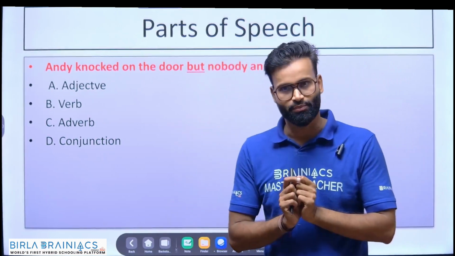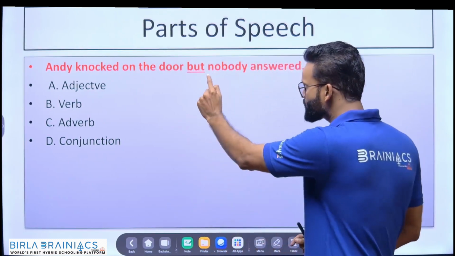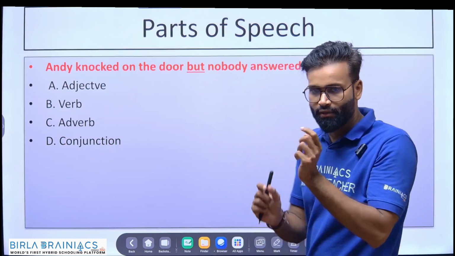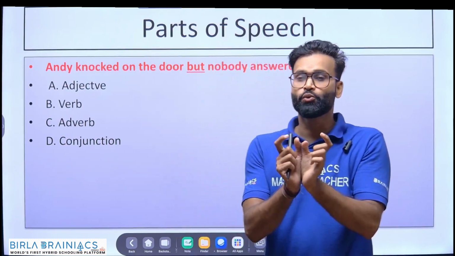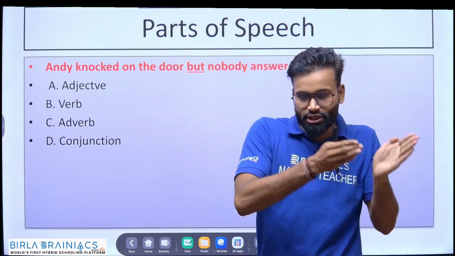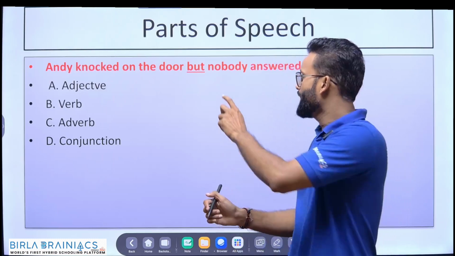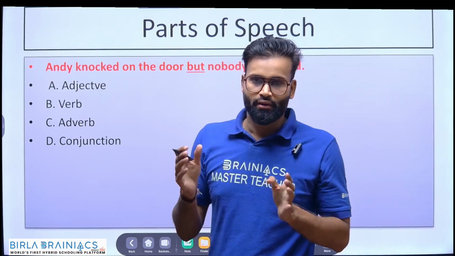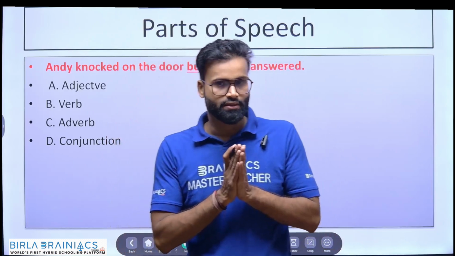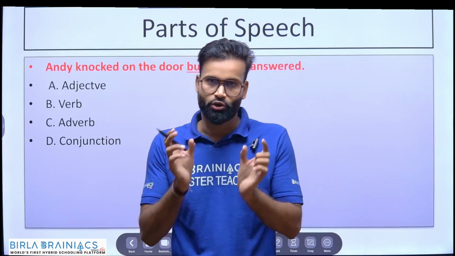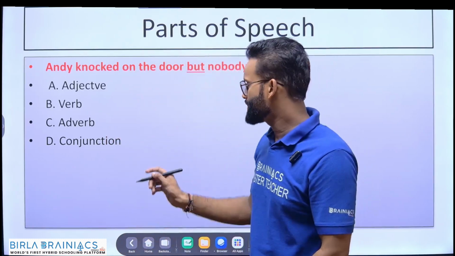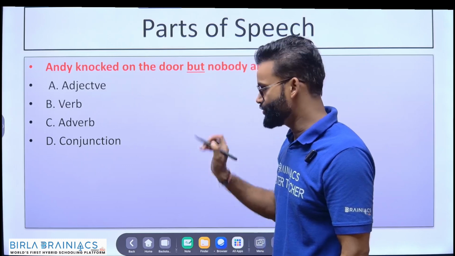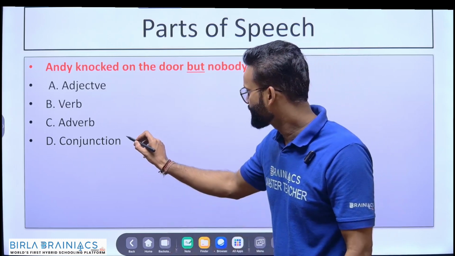Nobody gave any response. So what is this word but doing? It is combining these two different sentences. And if any word is combining two different sentences, two different words, or two different phrases, it is always and always a conjunction.